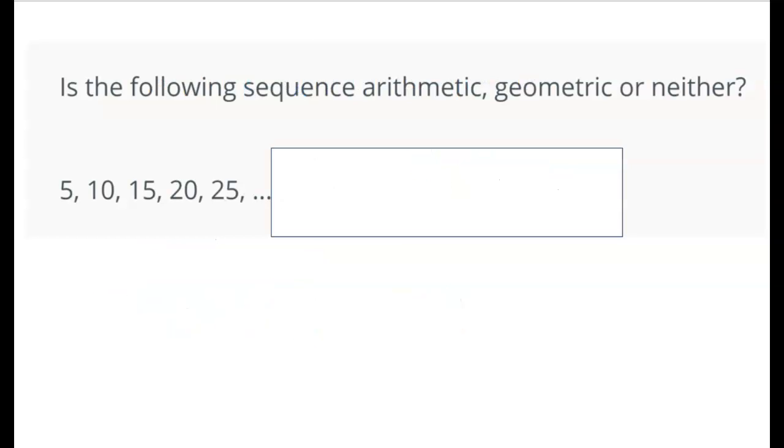Here is another pattern from our homework. If it is a geometric pattern, it has a common ratio.